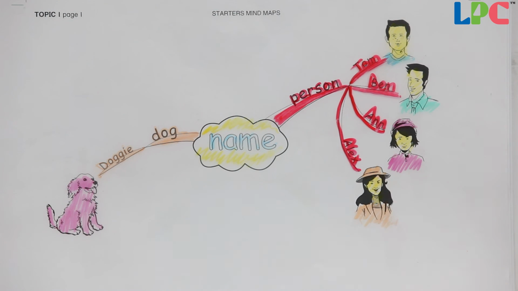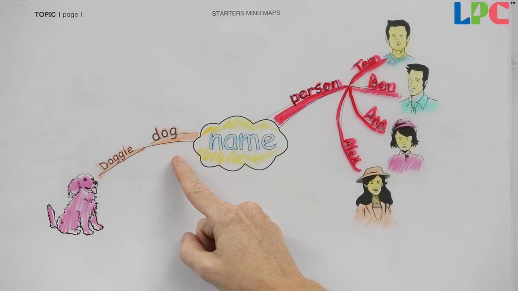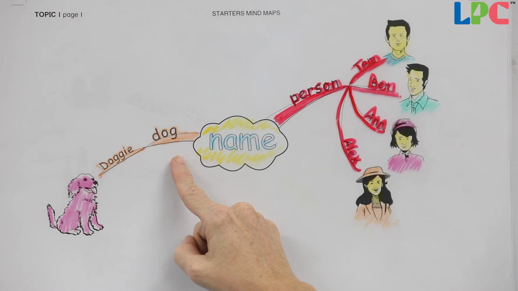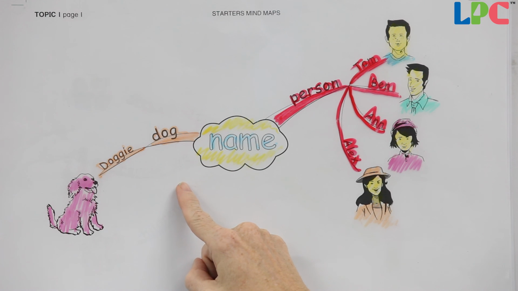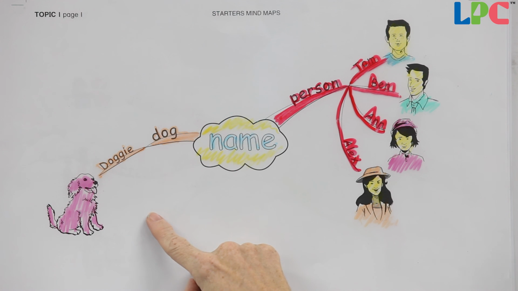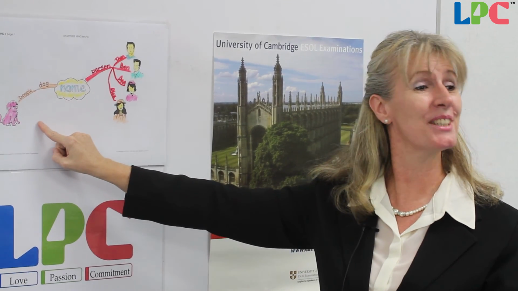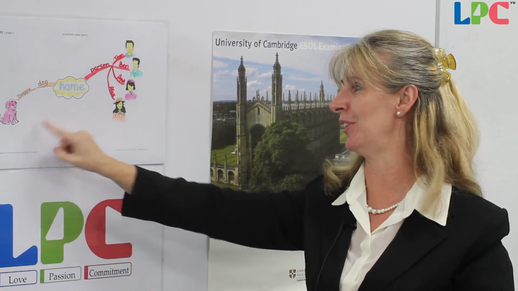Very good. And continue. It is a dog. It is doggy. It is a dog. It is doggy. Very good.